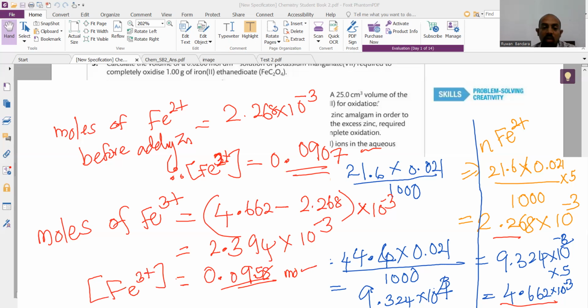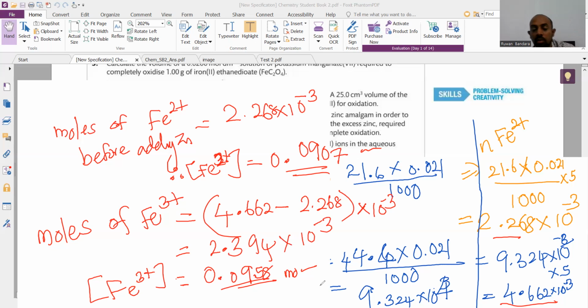Divide by volume, yes. Divide by volume to get the concentration. How is this calculation clear? Has anyone got the correct answer? No one?